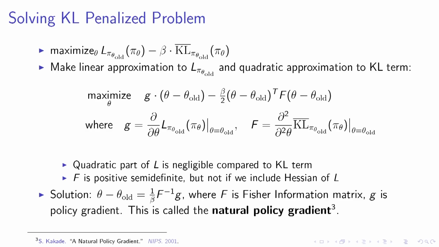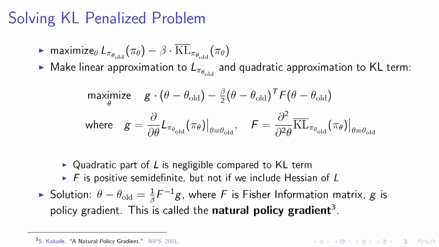But we want to figure out exactly what the matrix is that defines this quadratic distance function. So we're going to make this approximation to the problem, and this is just the Taylor series expansion to second order around theta old.